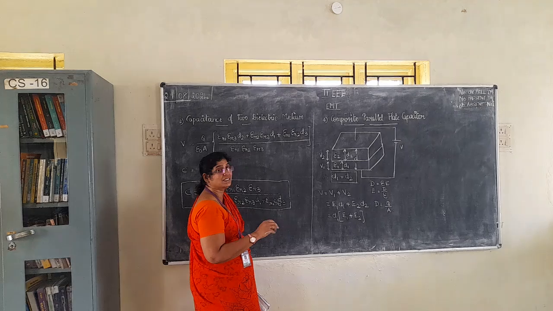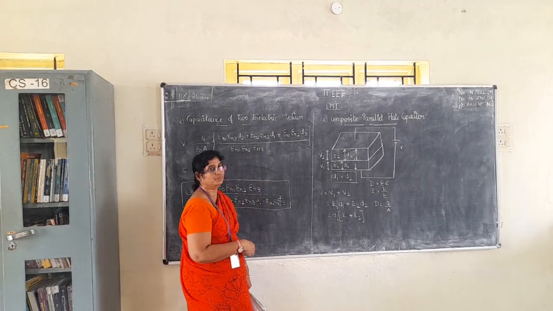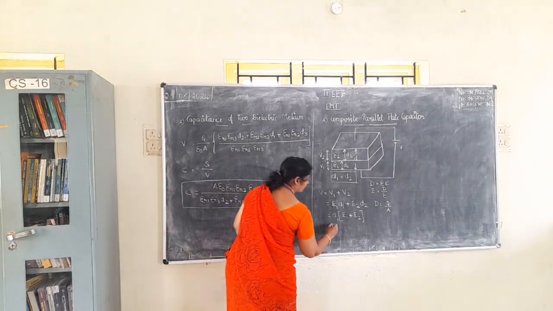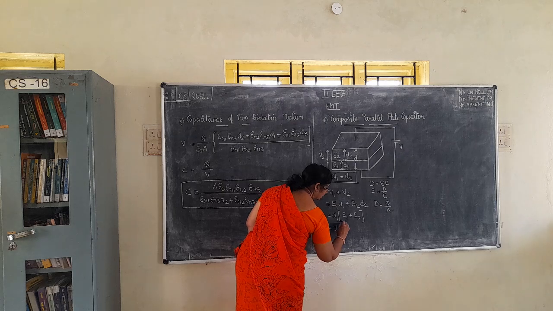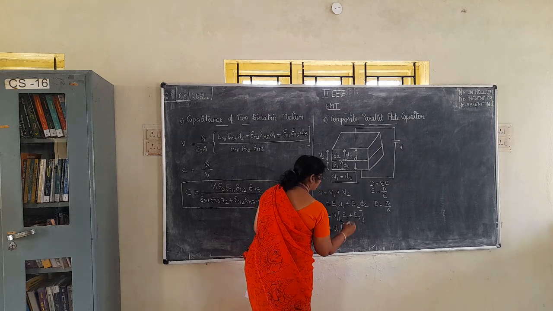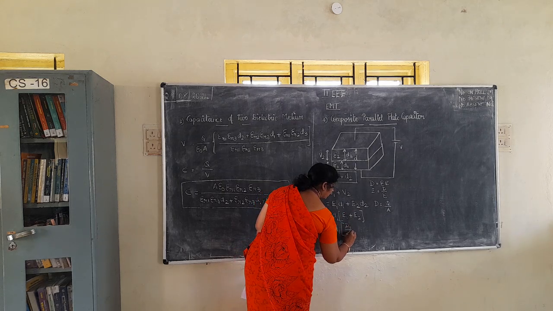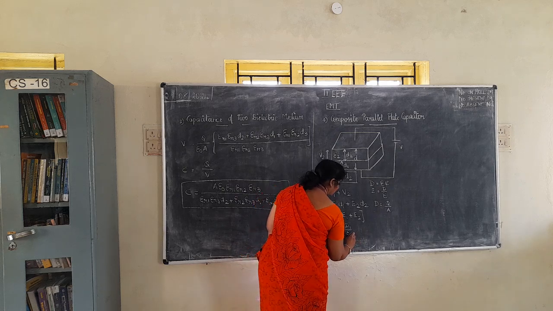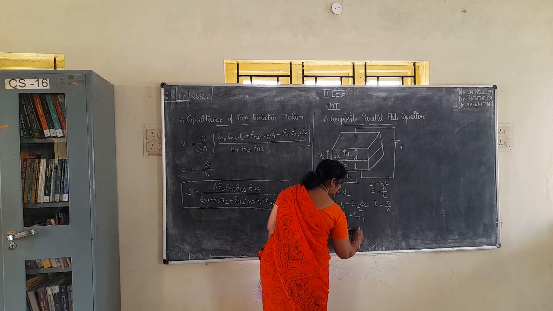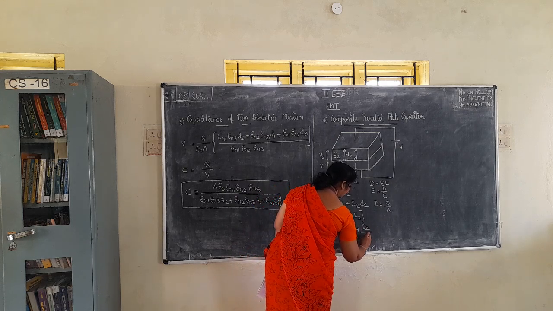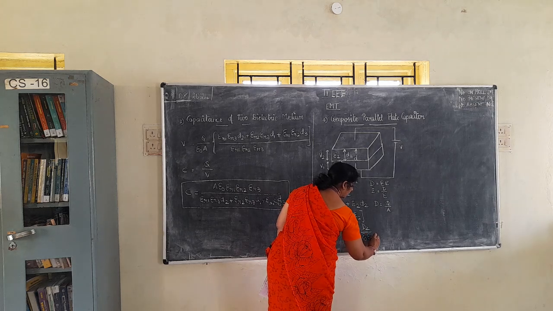Solve it, find what is C, or else find V. So V equals d1 by epsilon naught epsilon r1 plus d2 by epsilon naught epsilon r2.